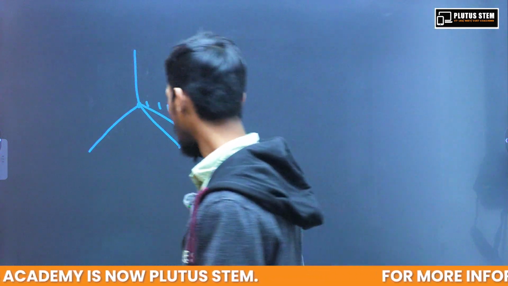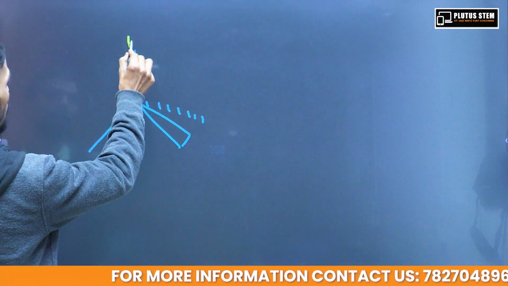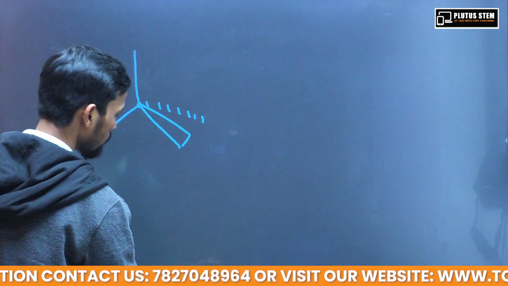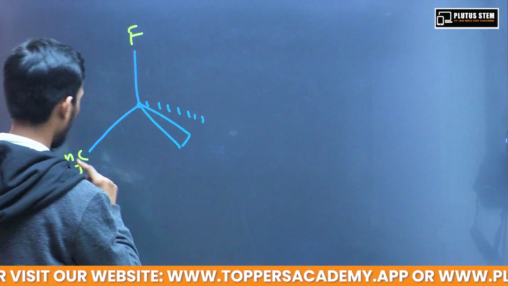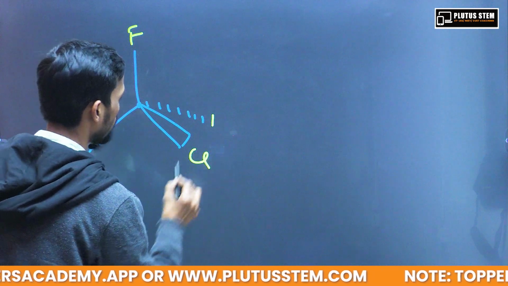So this is the chiral compound, with all of these atoms different: let's say hydrogen, fluorine, CH3, chlorine, and over here hydrogen.